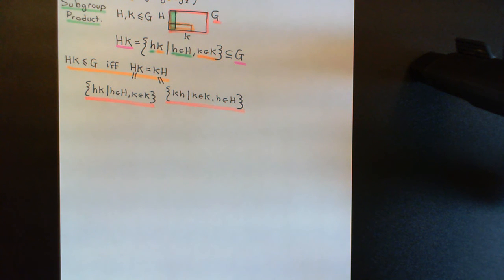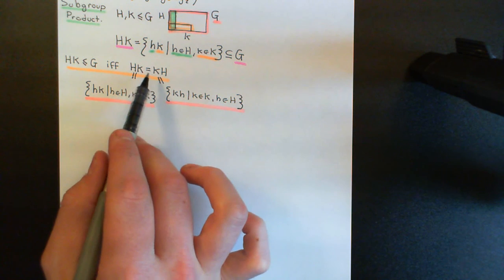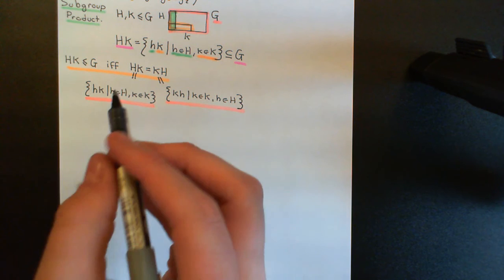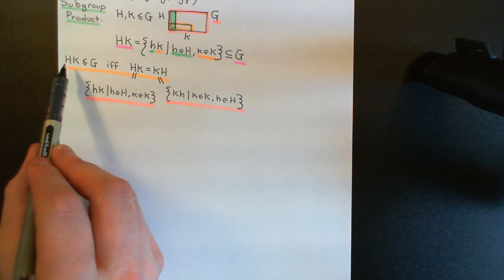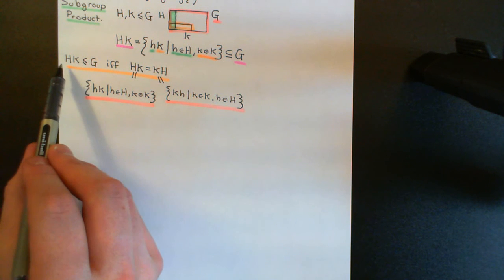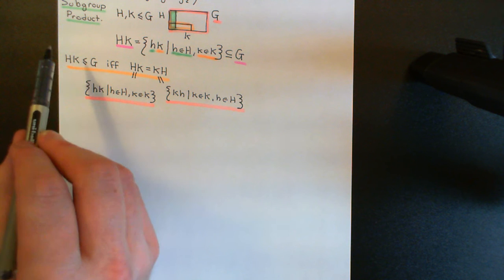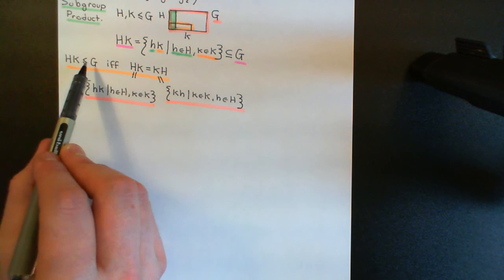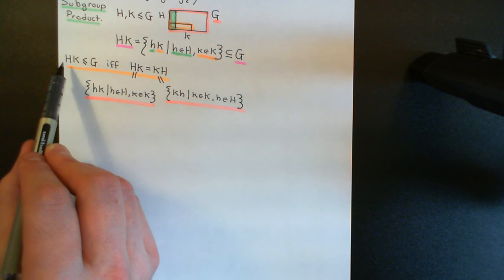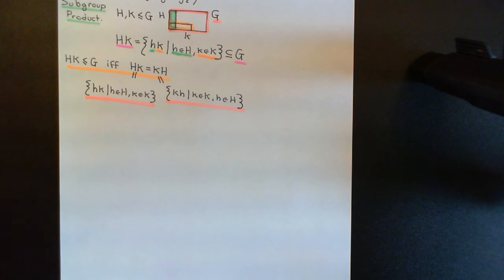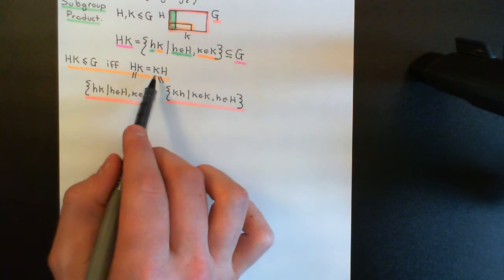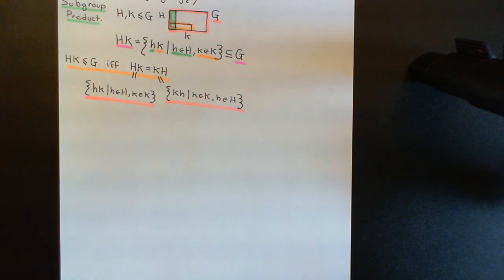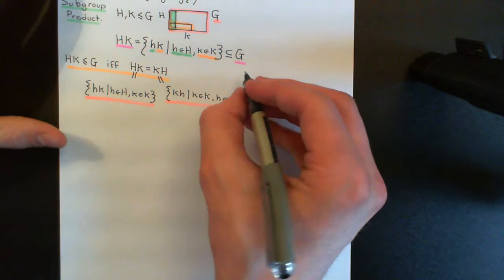Then the final thing that we do in the video on the product of two subgroups is we give a condition for this to be true. We show that if either of the two subgroups normalizes the other, so if either H is contained within the normalizer of K in G, or K is contained within the normalizer of H in G, then that implies that this is true, and therefore it implies that the product will be a subgroup.